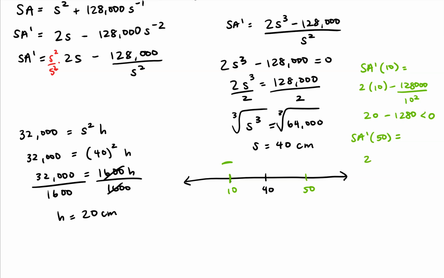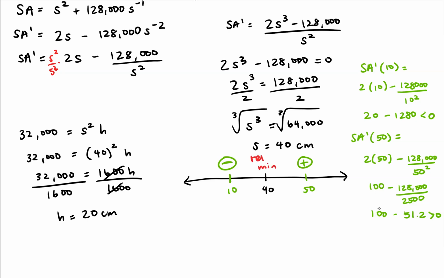And that is equal to 2 times 50 minus 128,000 over 50 squared. That's going to be 100 minus, what's 50 squared? 2,500. So 128,000 over 2,500. And that's 100 minus 51.2, which is greater than 0. So this is going to be increasing. And therefore 40 gives us a relative minimum, which is what we want. We wanted to minimize the amount of material used.